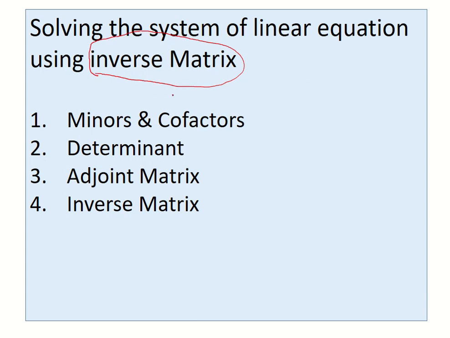We will explain what the inverse matrix is later. To find it, we have to do these 4 steps: first, find the minors and the cofactors of the matrix. After that, find the determinant of the matrix, and then find the adjoint of the matrix. After the first 3, only then can we find the inverse matrix. We are going to talk about this one by one.